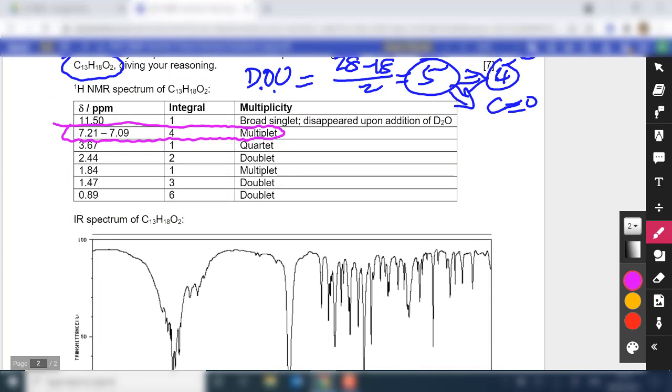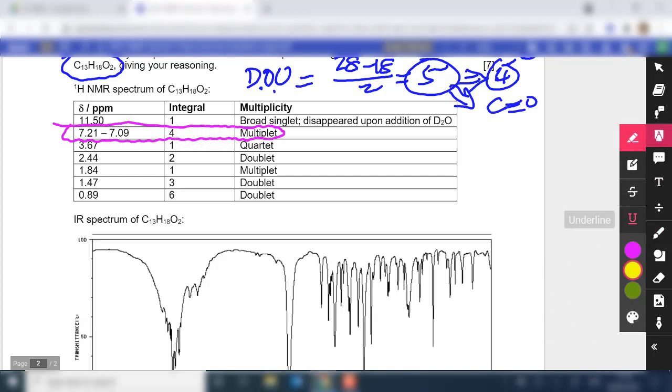Then the next thing that we thought we can easily share with you is that there are two pieces of information where you can actually pair them up. Okay, it's actually over here. Can you see that you have an integration ratio of 6, 0.89? 0.89 tells you that it is likely to be the methyl group, right at the end, and it's a doublet.